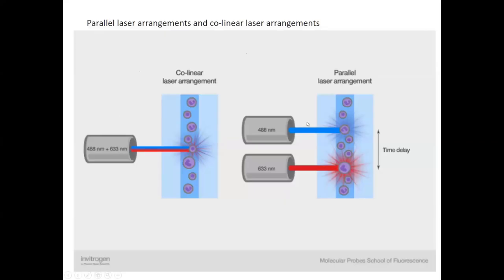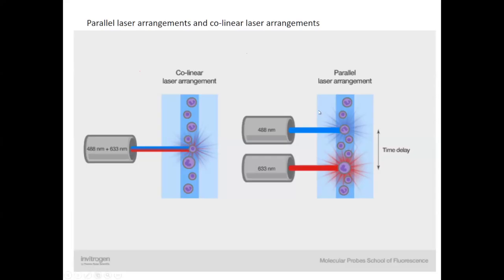There is something called the collinear arrangement, which is beautiful. Here I'm showing two laser lines, the blue laser line and the red laser line. Collinear laser arrangement is where the laser light, both red and blue, hits the cell at the same point of time, because they are very close. That's a collinear laser arrangement, which is great.